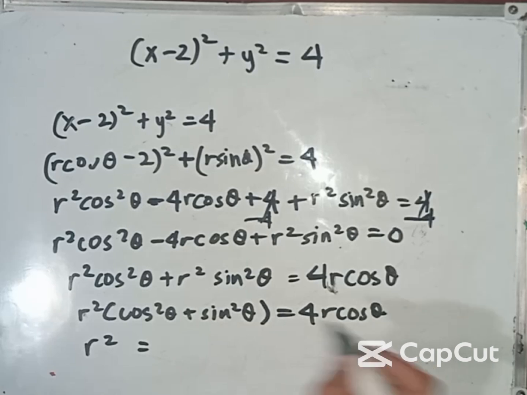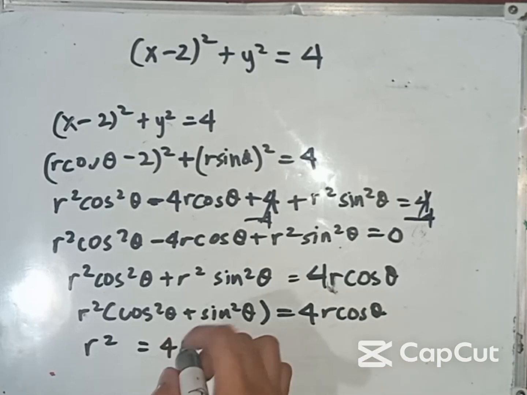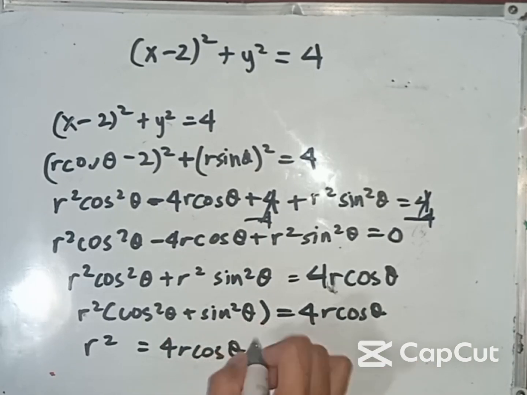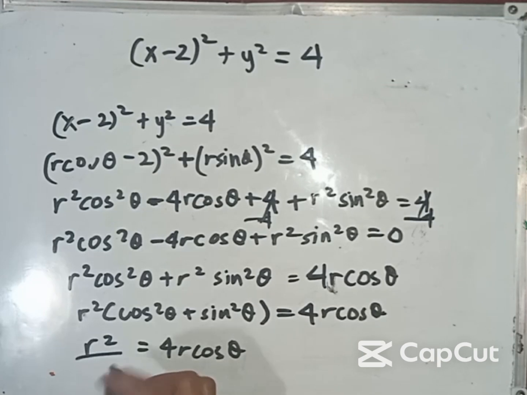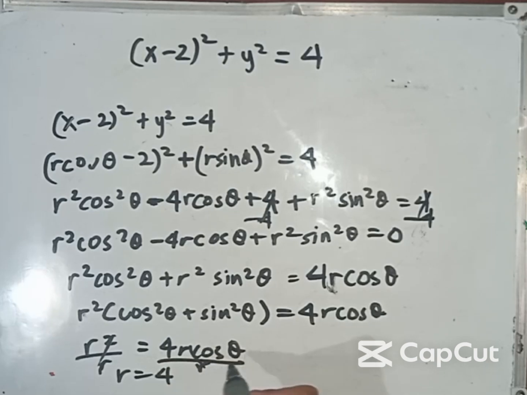So that is equal to 1. Let's just not write it. And 4r cosine theta. So this would give us r squared is equal to 4r cosine theta. To reduce the r squared, let's divide both sides by r, and this would give us r is equal to 4 cosine theta. So that would be our polar form now.